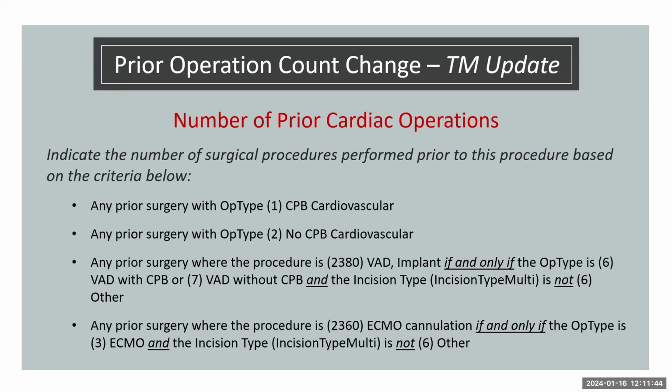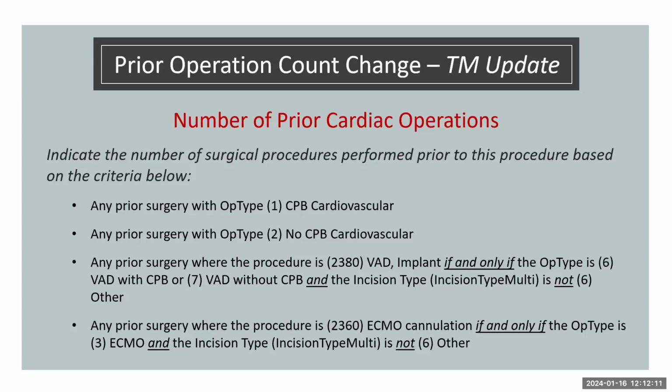So when we look at the prior number of cardiac operations, what the training manual is going to look like is exactly what's on this slide. The definition is: indicate the number of surgical procedures performed prior to this procedure based on the criteria below. What is unchanged are the first two bullet items: any prior surgery with op type 1, CPB cardiovascular, and any prior surgery with op type 2, no CPB cardiovascular.